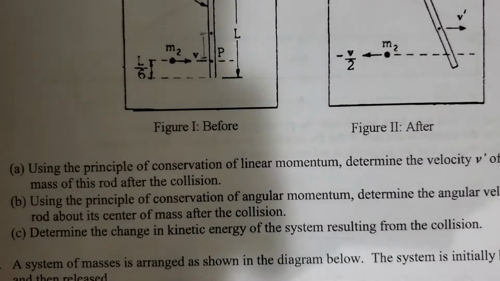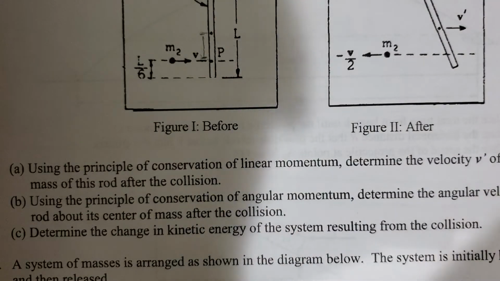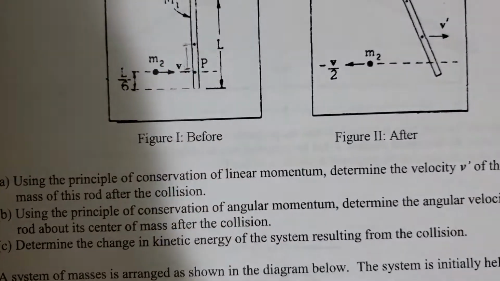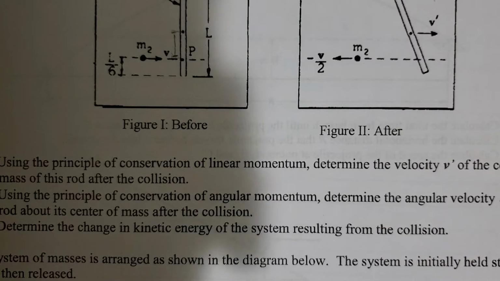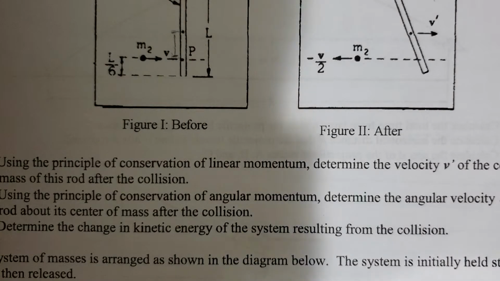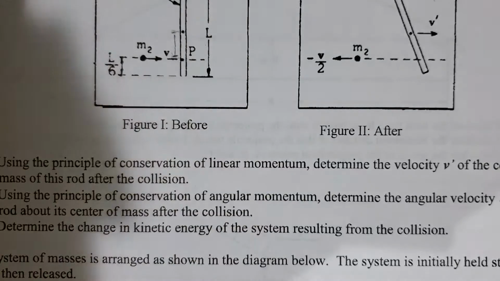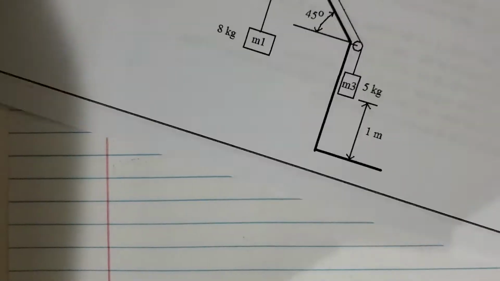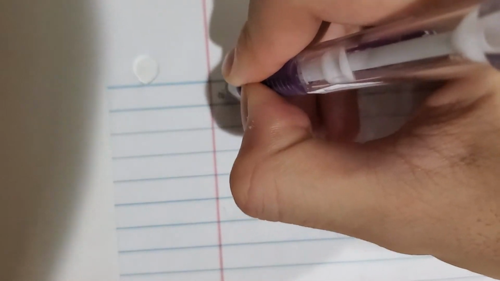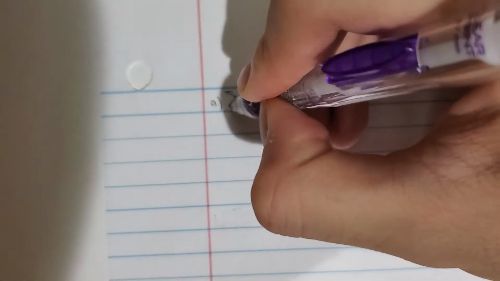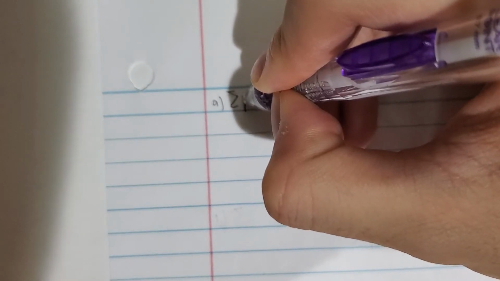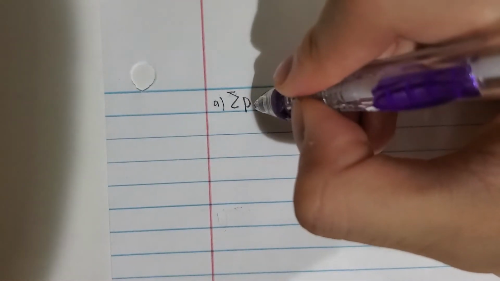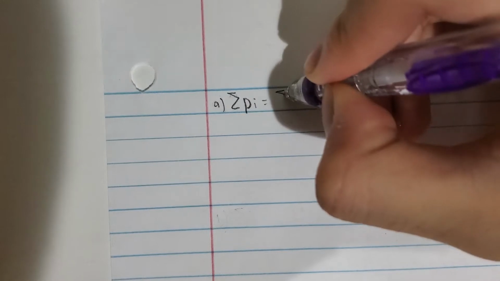And part A wants us to use the principle of conservation of linear momentum to determine the velocity of the center of mass of the rod after the collision, v prime. Okay, so part A. If linear momentum is conserved, that means the total linear momentum initial is equal to the total linear momentum final.